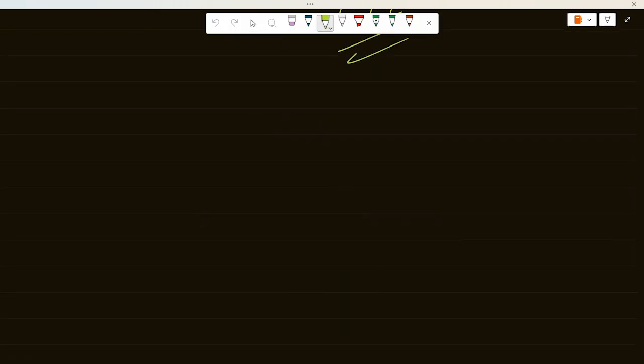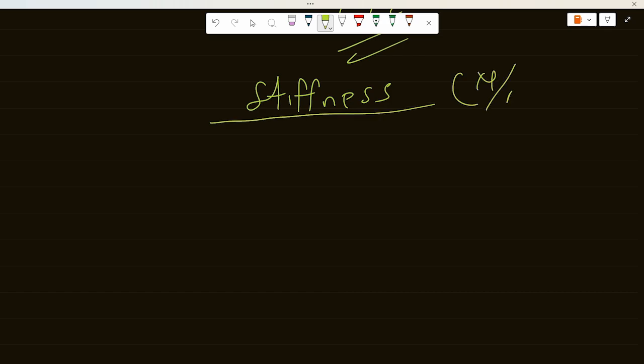Stiffness. Now we know that the stiffness dimension is Newton per meter. So basically, force over deflection, or rather the gradual load applied to the spring over the deflection of the spring.